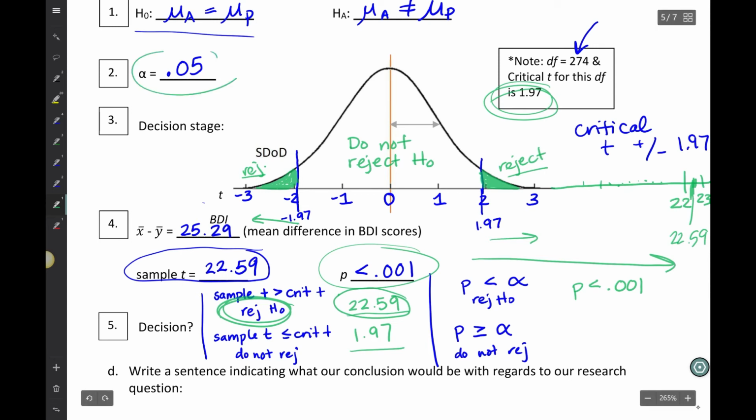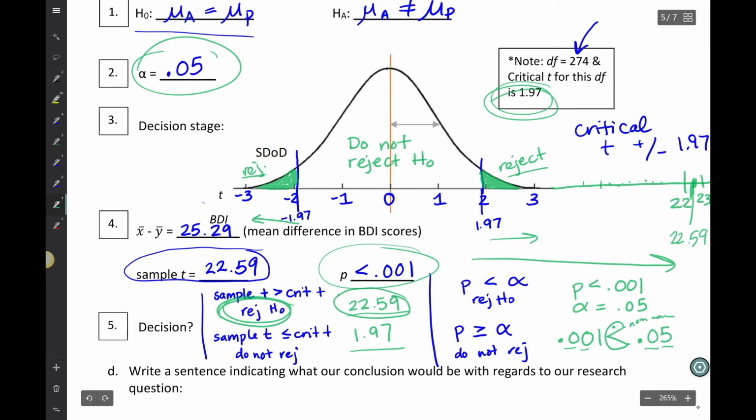Our alpha level, as always, was equal to 0.05. So the question is, which one is bigger, 0.001 or 0.05? 0 versus 0, same. 0 versus 5, this one's bigger. So this one is bigger because Pac-Man wants to eat the thing that's bigger always.